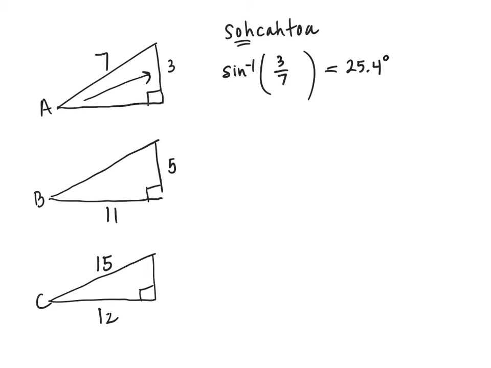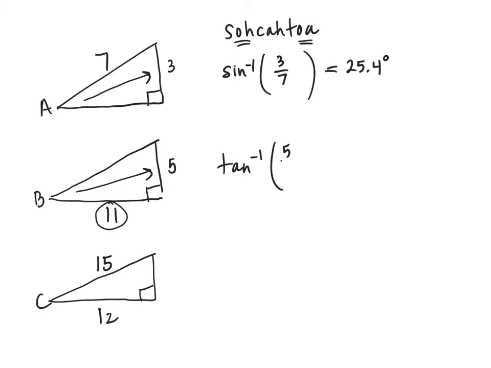And the next example, I'm going to find angle B, but I have the opposite and I have the adjacent. Remember, the hypotenuse is never the adjacent. So in this case, opposite and adjacent is tangent. Opposite and adjacent, right there, tangent. I'm looking for an angle. I use the inverse function.